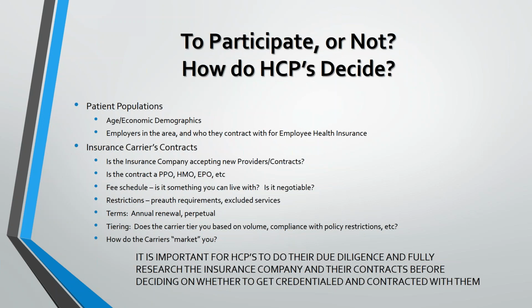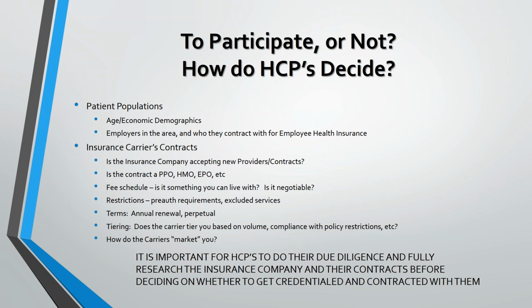Your question then to the doctor would be, well, what would be the benefit as far as patients go? Is there an employer in the area that employs several thousand people, and this employer uses the Kaiser health plan or Blue Cross Blue Shield health plans to administer their group policies?